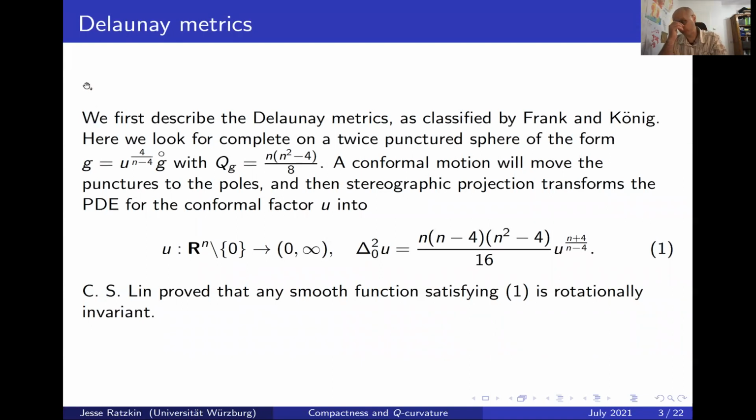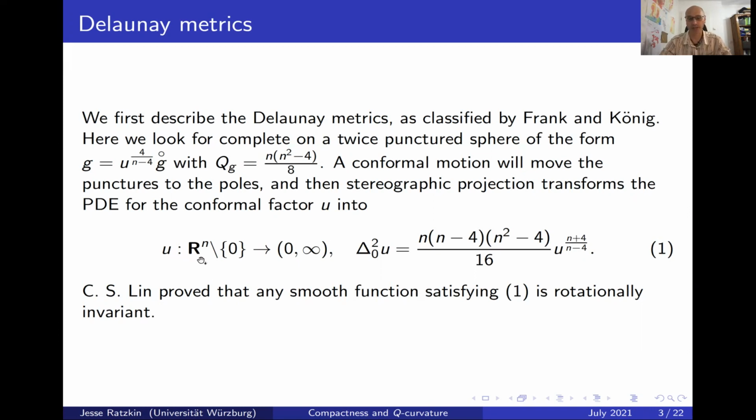Okay, so first we're going to talk about the Delaunay metrics. These are all of the complete constant Q-curvature metrics on a sphere with two punctures, which are conformal to the round metric. I can use a conformal transformation to make my puncture points antipodal, and then I can transfer everything to Euclidean space using stereographic projection.